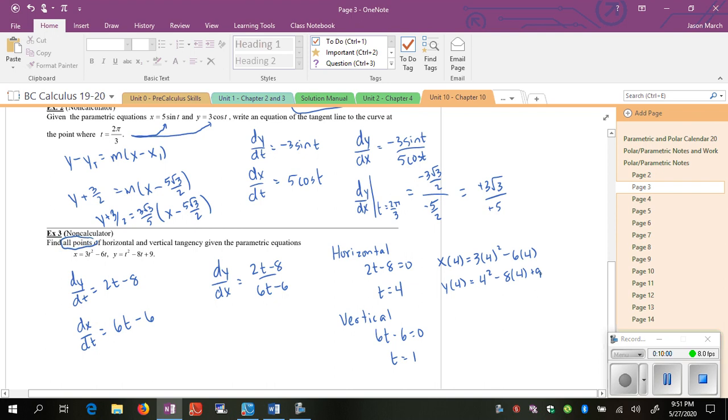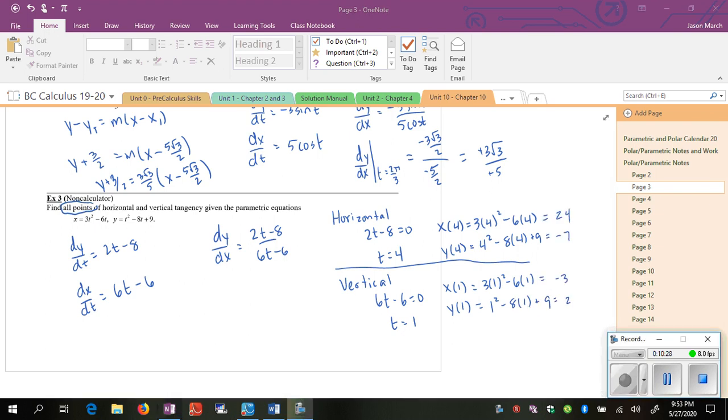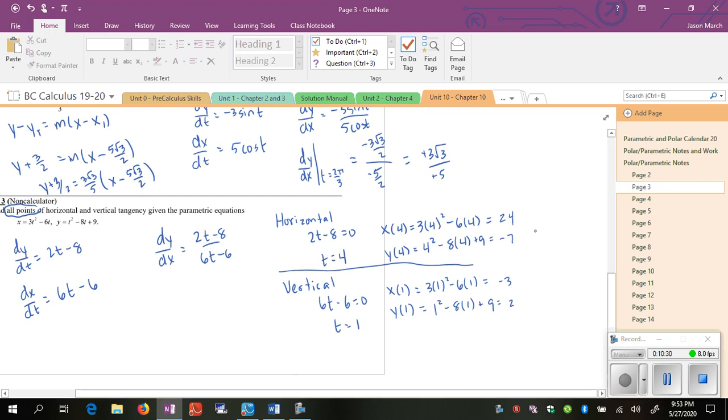And we could simplify those, which I'm going to do in a second. I'm also going to find the vertical by doing x of 1 and y of 1. So x of 1, y of 1 is going to be a little bit easier in terms of mental math. So 3 times 1 squared minus 6 times 1, and 1 squared minus 8 times 1 plus 9. So here I filled in these, and so our coordinates would be (24, -7) and (-3, 2).